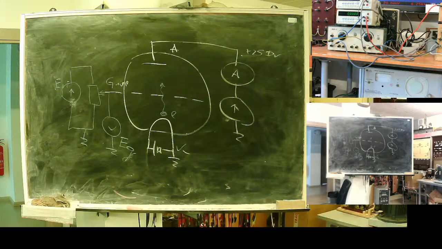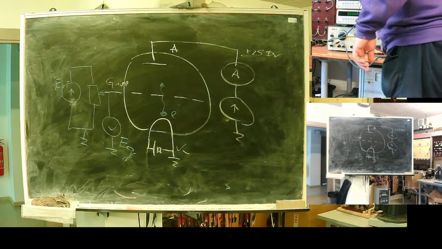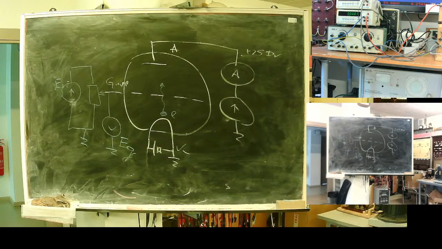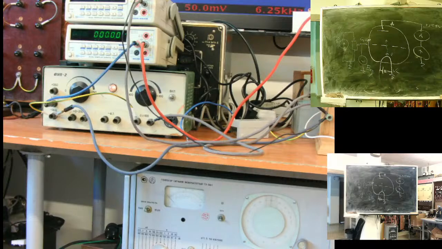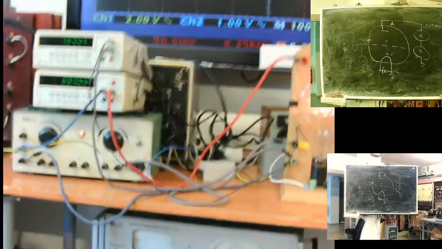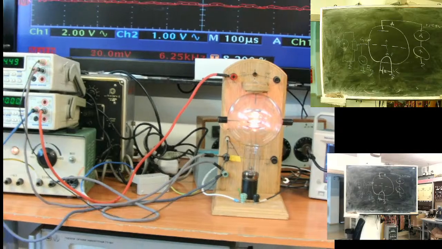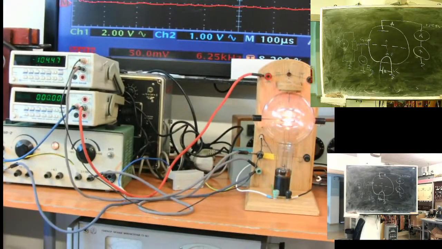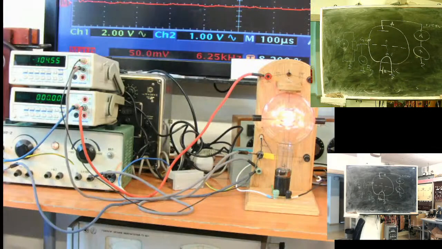Maybe. Or, cathode heated, grill voltage applied. One moment, I will put the camera in a way that everything is visible. Here. Upper meter shows grill voltage and lower meter anode current.